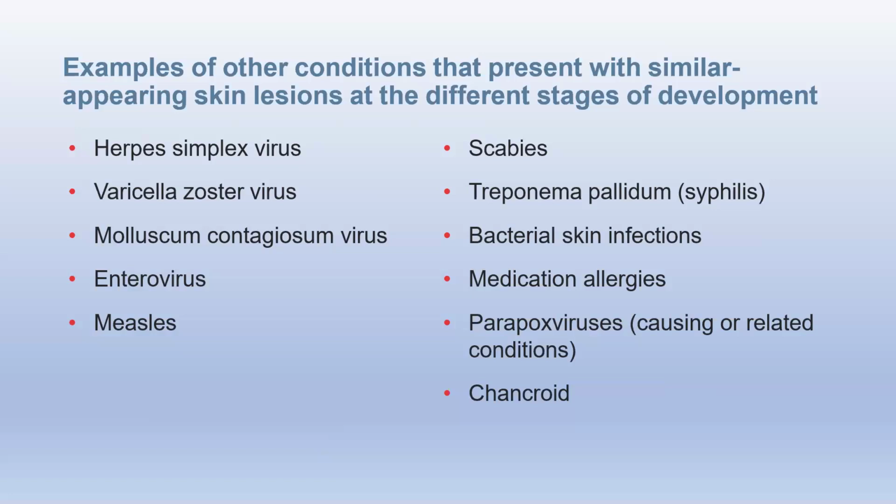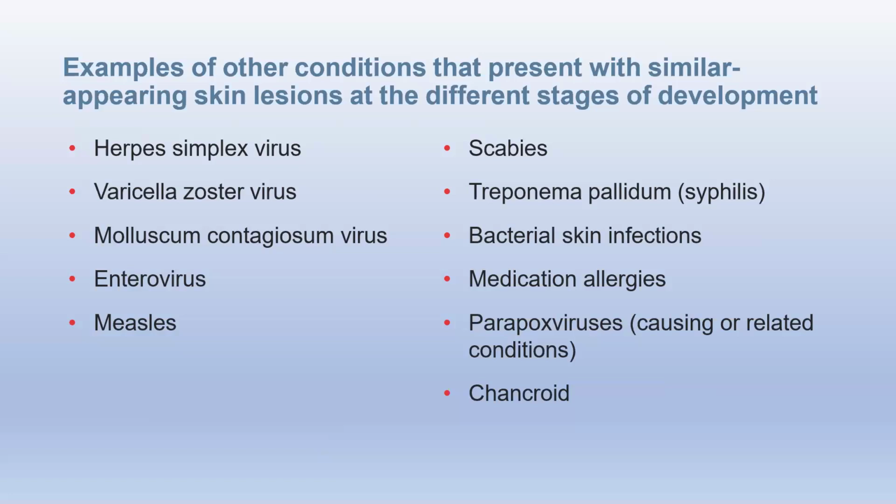It's also important to be aware of other conditions that may present as smallpox. So herpes simplex virus, varicella zoster, the cause of chickenpox, molluscum contagiosum, especially in seroreactive patients, enteroviruses, which can actually cause skin rashes and fever, especially in children, measles, scabies.